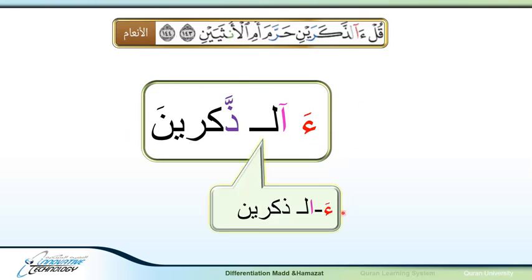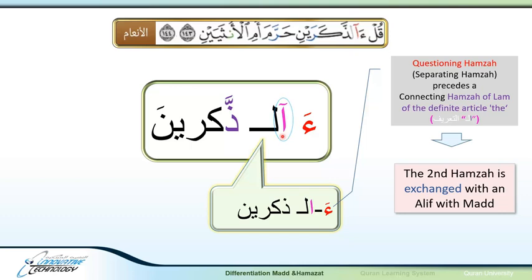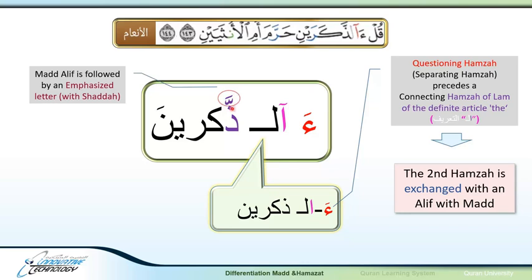We're going to focus on al-dhakarayn. And again we find that this word is starting with a questioning hamza, which is preceding another hamza of al-ta'rif. This one, the connecting hamza of al-ta'rif, is the one that is going to be exchanged with an alif with mad. And here also we realize that al-ta'rif is followed by a letter with shadda.